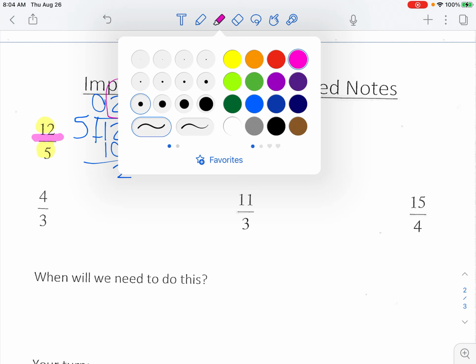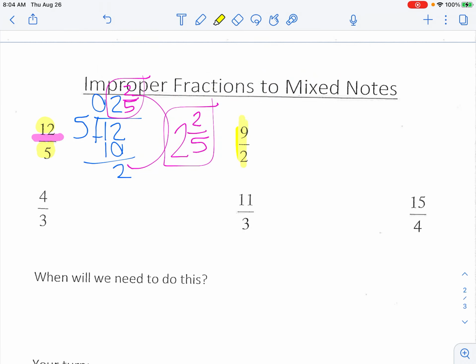Next fraction I'm looking at is 9/2. That's improper, so we're going to divide the numerator by the denominator. I know 2 times 4 is 8. I subtract and have 1 left over. Again, this remainder of 1 comes up here to become the numerator, and the denominator is going to stay at 2.